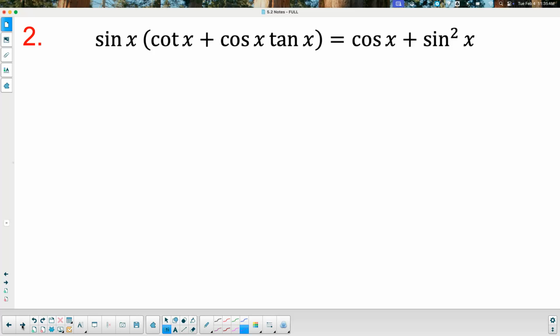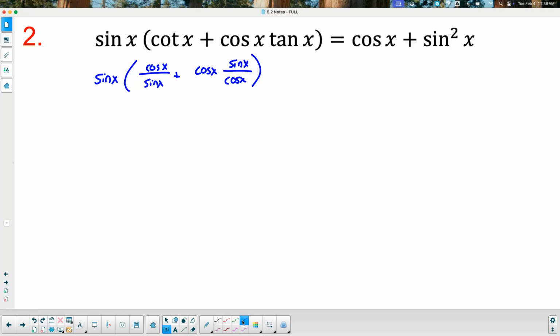All right. So then we're going to have here sine of x still on the outside. Cotangent is cosine of x over sine of x plus cosine of x, sine of x over cosine of x. Okay, I love it.